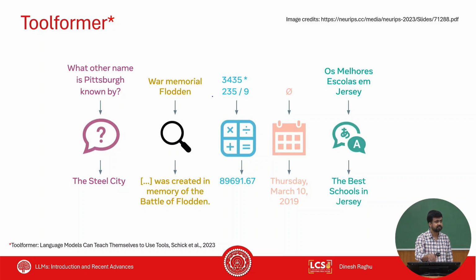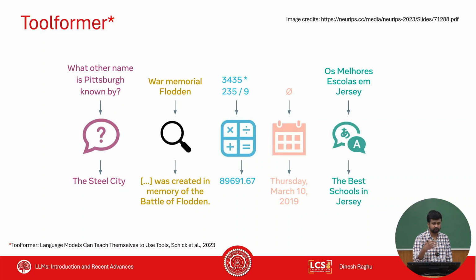You have a search system on top of Wikipedia, because most of the common knowledge is present in Wikipedia and it's trustworthy. So they used a QA system for factoids. They used wiki search. They said let's use a calculator, let's use calendar, and let's use a translation app. Let's assume that all these tools are available to the model during its inference.